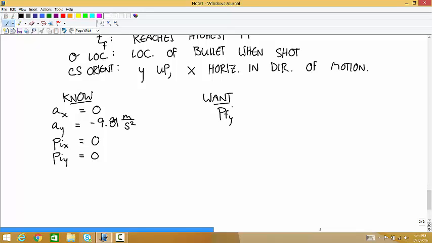What about the initial velocity? Do we know anything about that? Yeah, we can get that. We're going to get these from the fact that the initial velocity vector makes an angle of 20 degrees with the horizontal and has a magnitude of 1,000 meters per second.